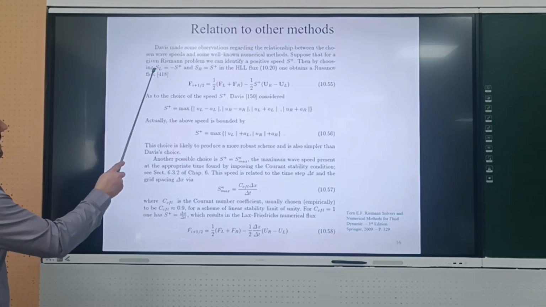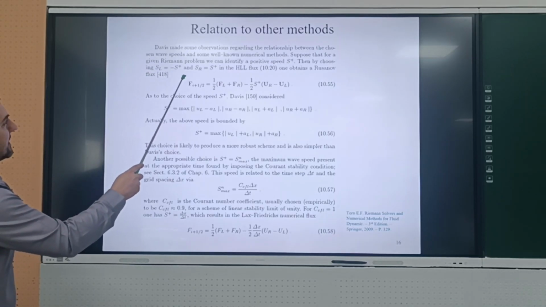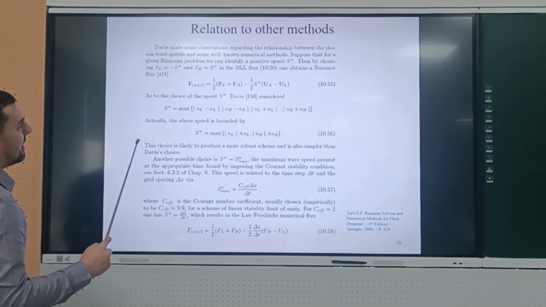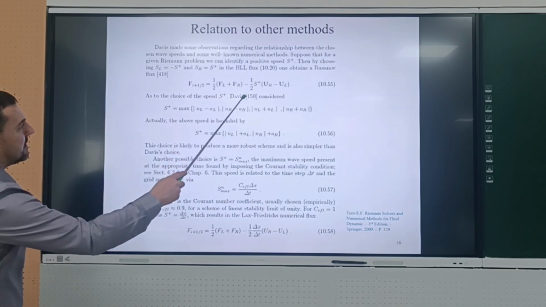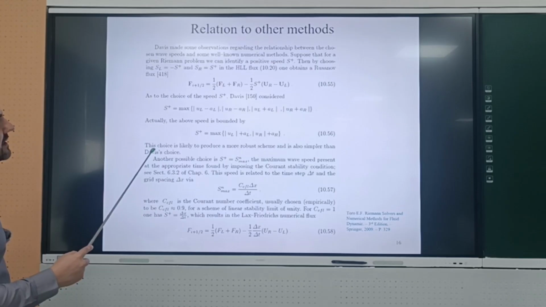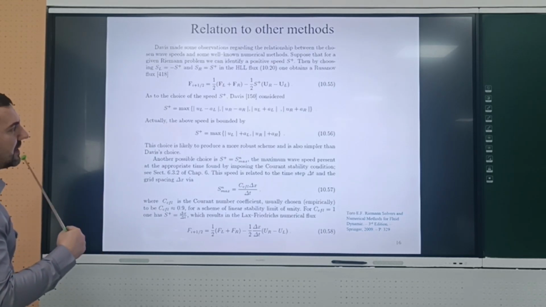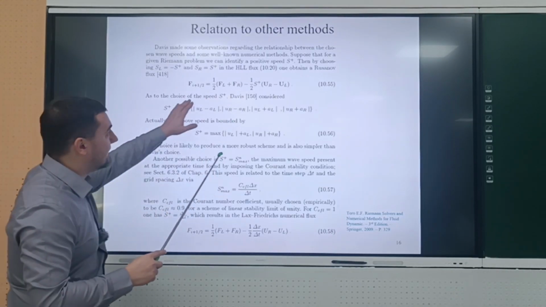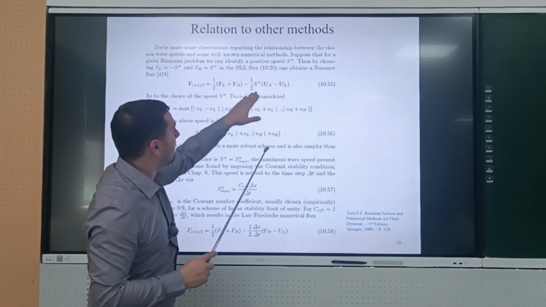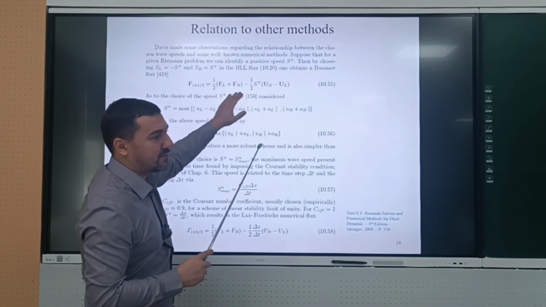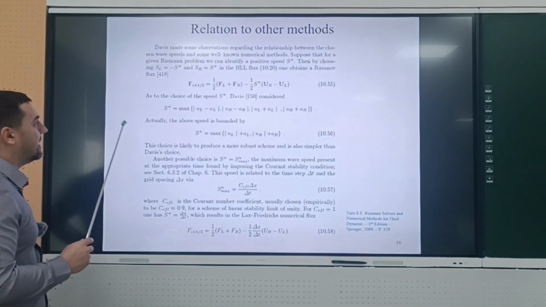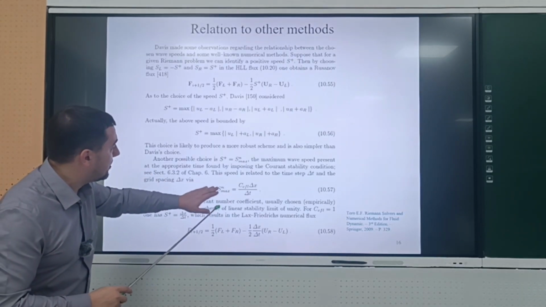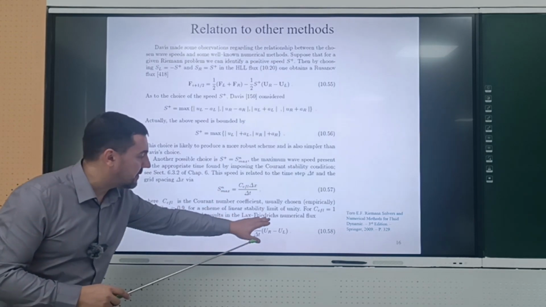So if you choose SL equals minus S plus and SR equals S plus, where S plus, for example, can be chosen like this one, you will get the Rusanov flux. And I told you that the Rusanov flux you can obtain from Courant-Isaacson-Rees with the appropriate choice of these products of matrices. So you can see that in this case, your numerical flux looks like the flux introduced by Van Leer. We have already discussed it, right? Or you can suggest another choice for S plus, and you will get the Lax-Friedrichs numerical flux.